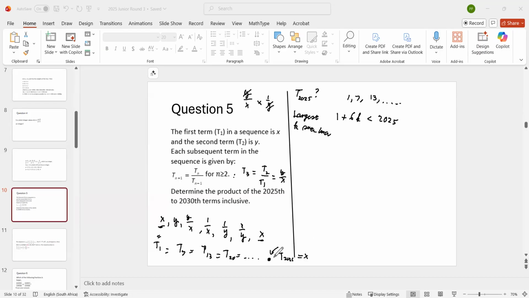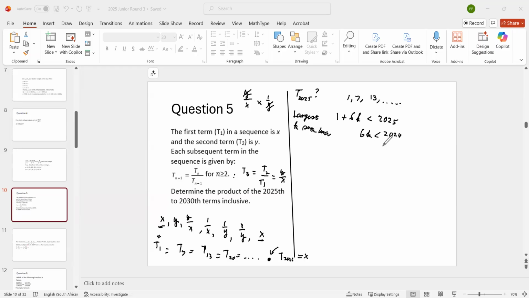And if I know that one, then I'll be able to quickly work out what this is by looking at the sequence here. Now, the closest one, all these numbers look like this. So it'll be the largest value of k, that is where 6k is less than 2024. Bring that to that side.